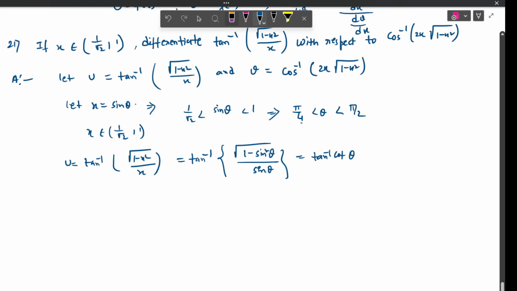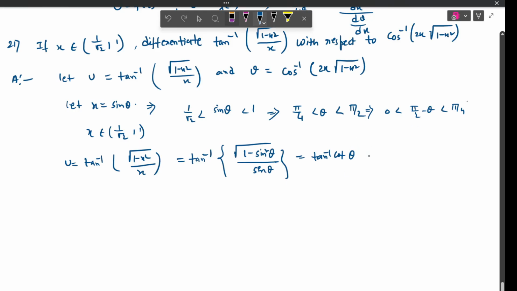Now see, theta varies from pi by 4 to pi by 2. So we can say minus theta varies from minus pi by 2 to minus pi by 4. And if we add pi by 2 on both the sides, it will be 0 less than pi by 2 minus theta less than pi by 4.